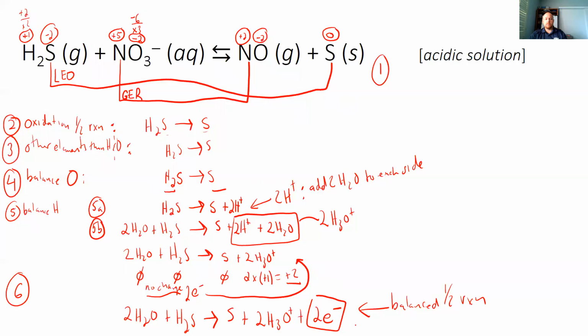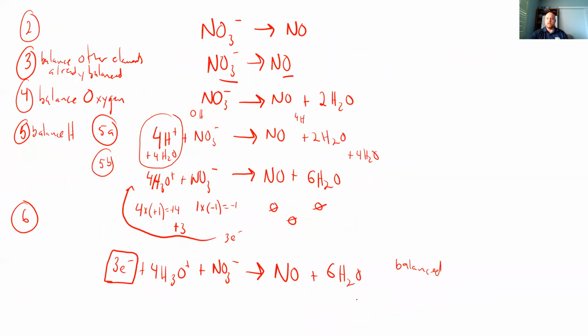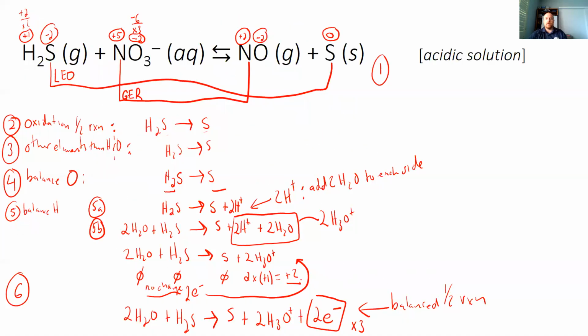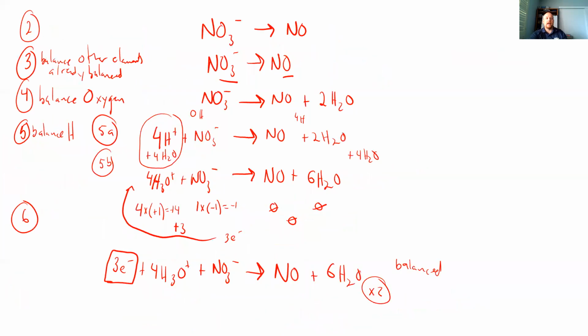The lowest common multiple of 3 and 2 is 6. So I'm going to multiply this equation entirely by 3, and I'm going to multiply this equation by 2. So times 3 for the first one, and times 2 for the second one, as we put this together in our next slide.